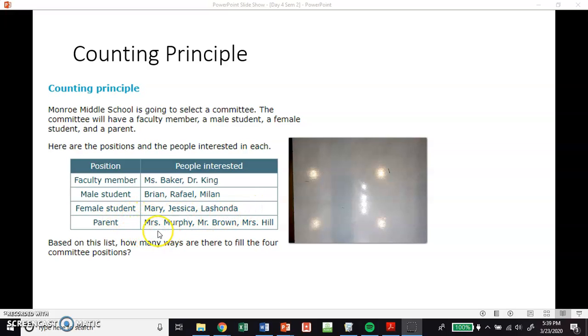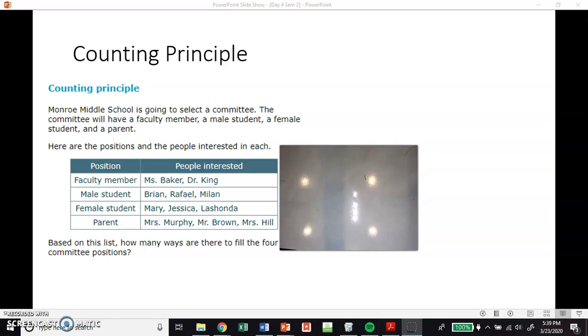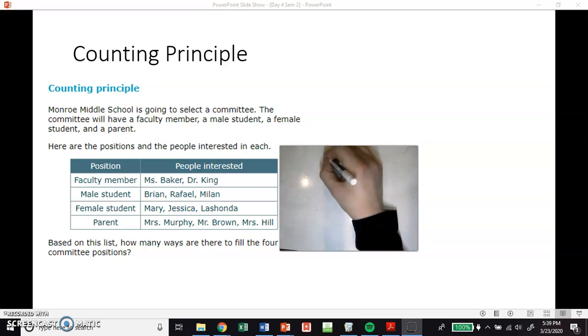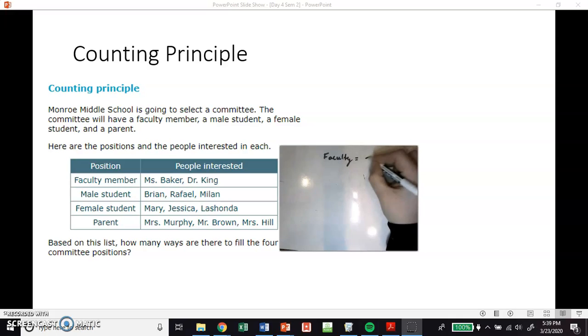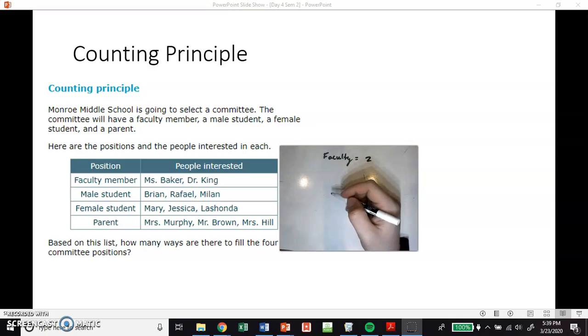You've got 3 parents, Mrs. Murphy, Mr. Brown, and Mrs. Hill. Based on the list, how many ways are there to fill the 4 committee positions? All we need to do is know how many categories we have and multiply the numbers. In terms of faculty members, we've got 2 members, Mrs. Baker or Dr. King.